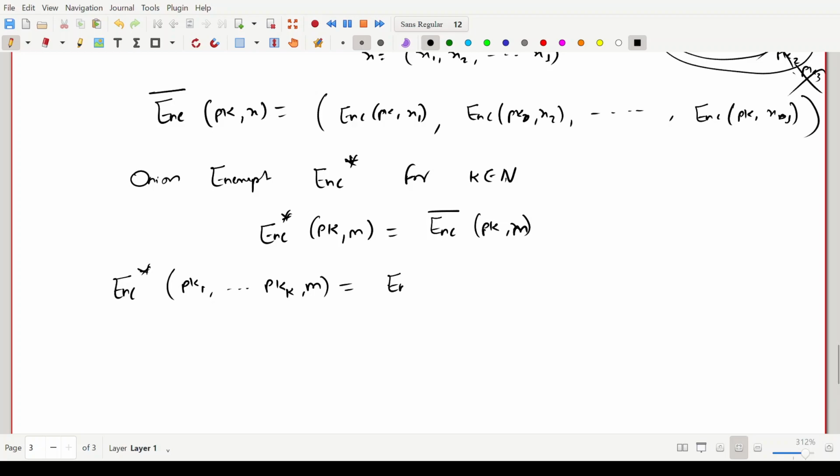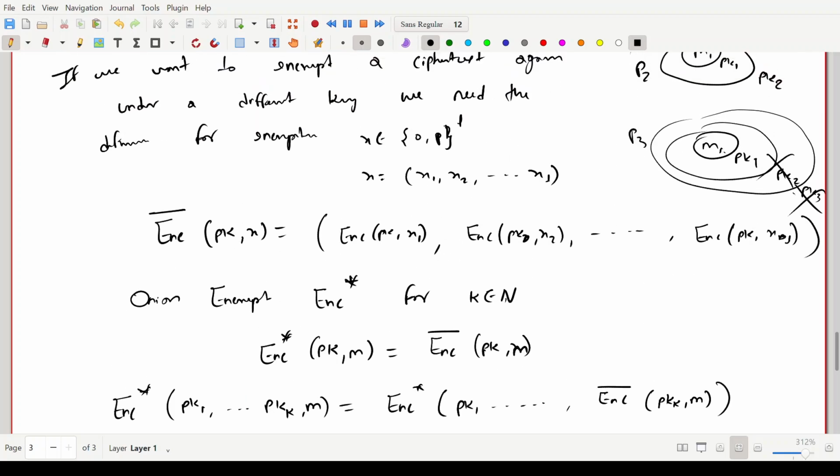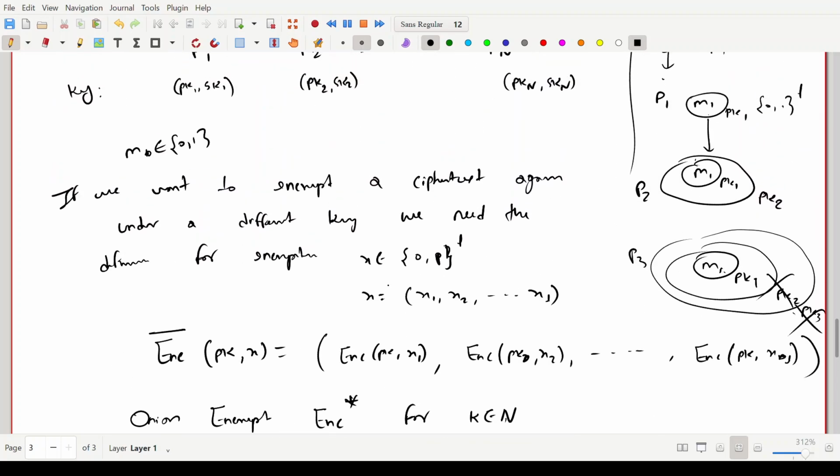In this case, this encryption star first goes with the kth party, as I told you. He is going to encrypt this with his public key. Then this encrypted thing will go to the next party, and that will be encrypted again with the public key.